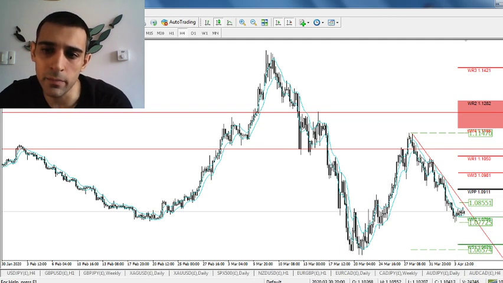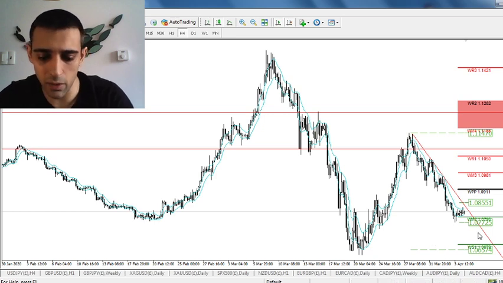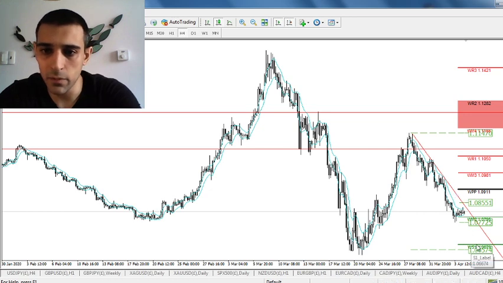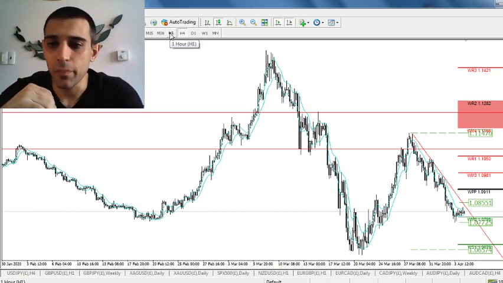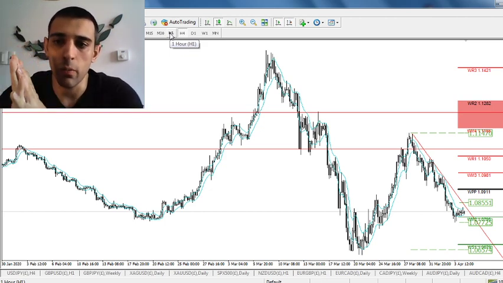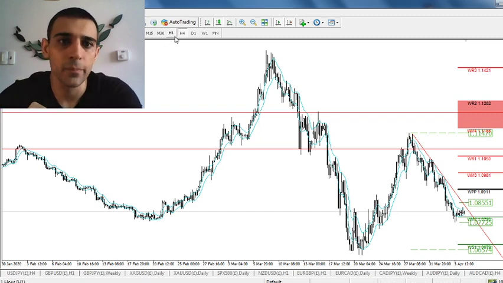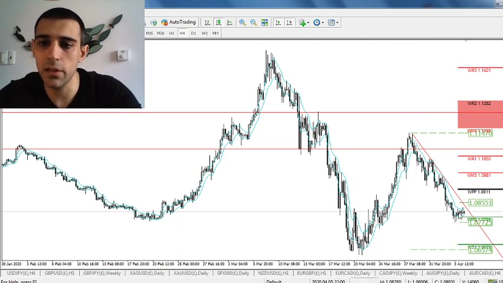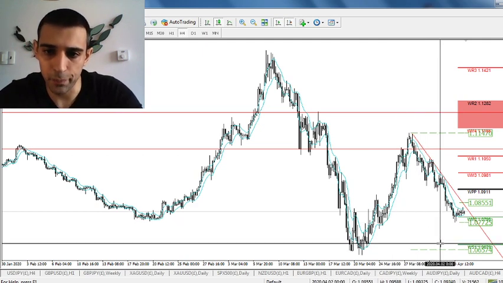It is more like a semi-swing now than a day trade opportunity, but the risk reward is amazing on this one. If we get that with the 25 pips, then the risk reward is so much higher.